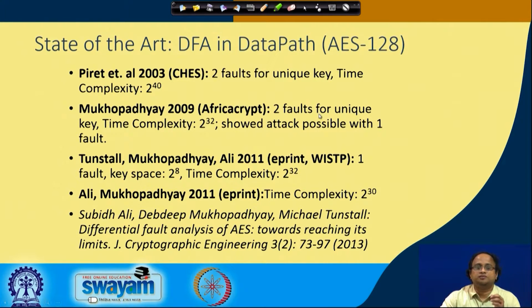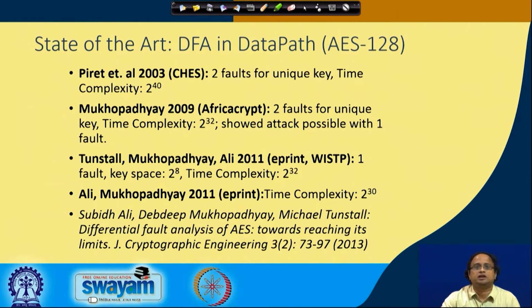So, here is a brief history of how DFA on AES-128 evolved. There was a paper in 2003 at CHES by Piret and collaborators to do a fault attack with 2 faults on AES with a time complexity of around 2^40. Later on, there was a work at Africacrypt to attack for a unique key with a time complexity of 2^32.